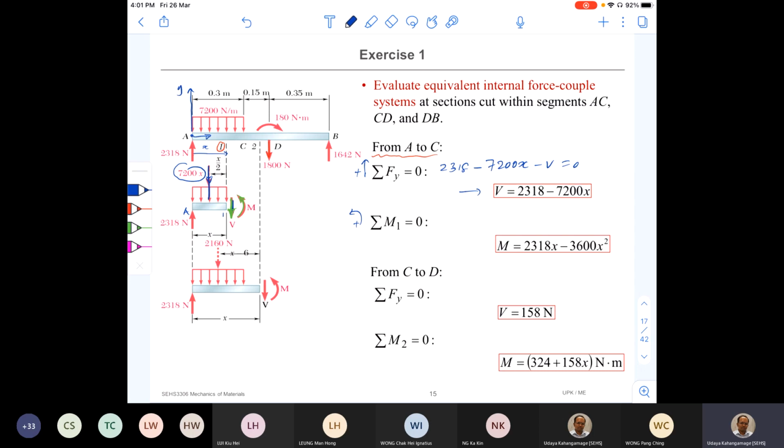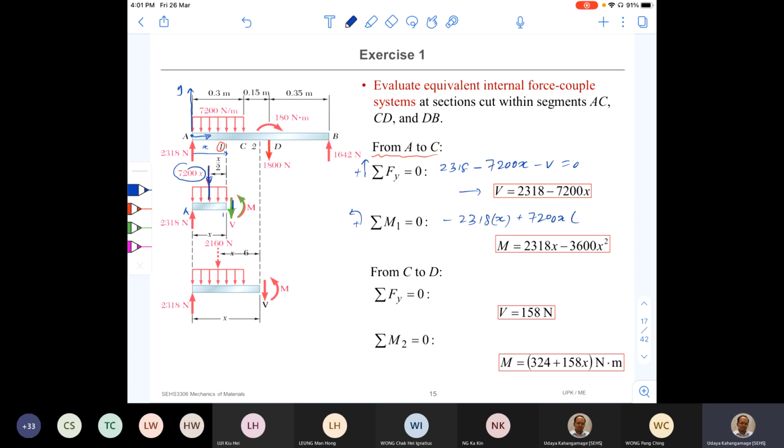Because you know that. So it's going to create a negative moment, right? Therefore, negative 2,318, and the distance is X.